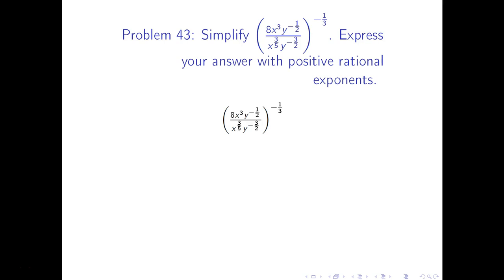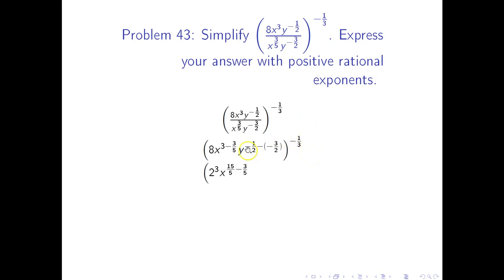So how could you simplify what's going on in the middle? Well, again, we can do division. So division is going to cause subtraction. So I have the 8 just comes down. I have x to the third minus 3/5. And then I have -1/2 minus 3/2. So that's going to turn into 2 to the third, so 8. Now I did that because that's going to make it easier when I'm dealing with this exponent.